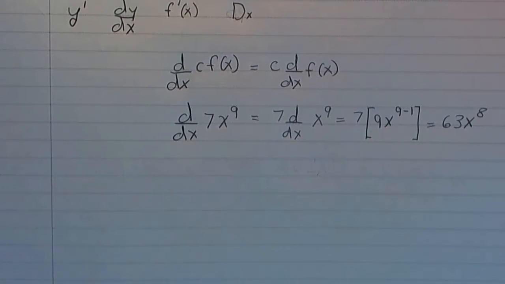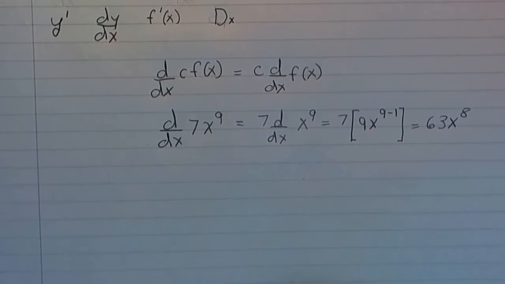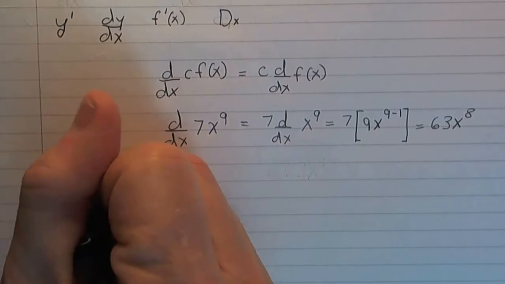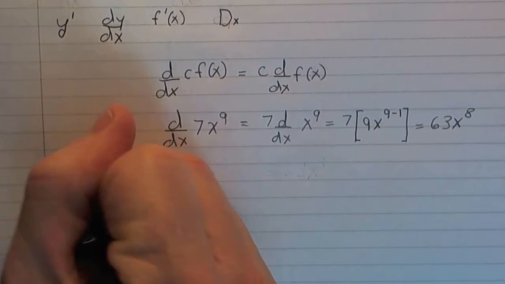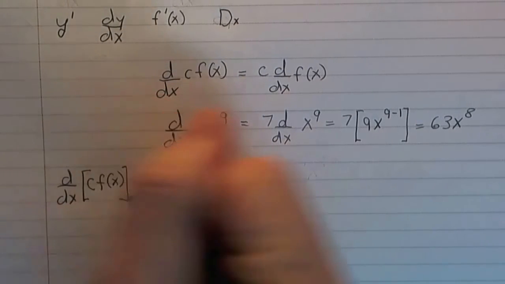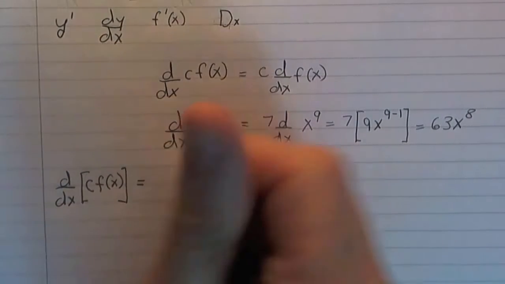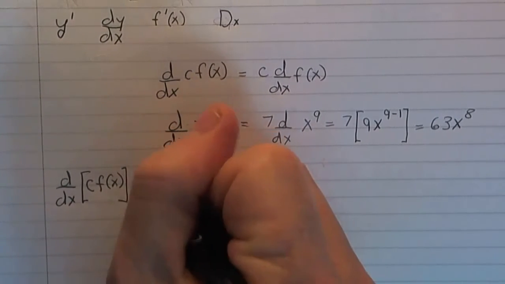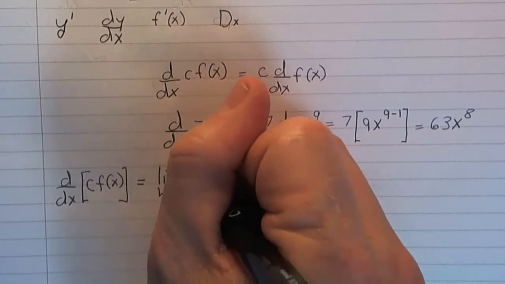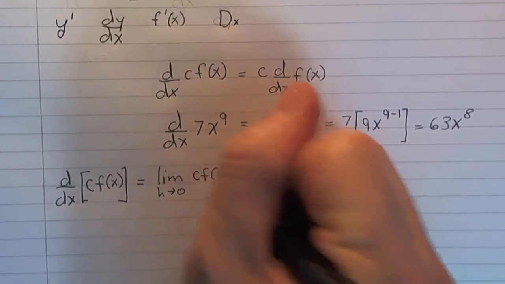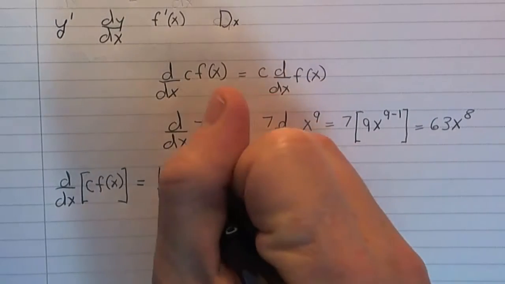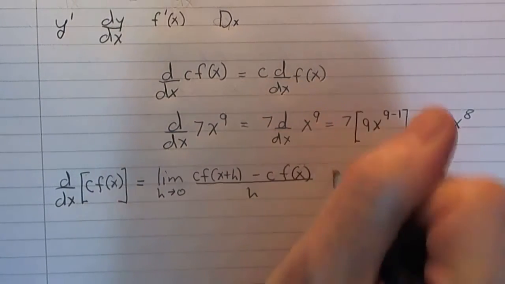Whenever we're trying to verify these properties, we always go back to the definition. So for example, let's suppose that we want the derivative of a constant times f of x. Well, if we go back to the definition, the difference quotient, we've got the limit as h goes to 0 of c f of x plus h minus c f of x, over h.